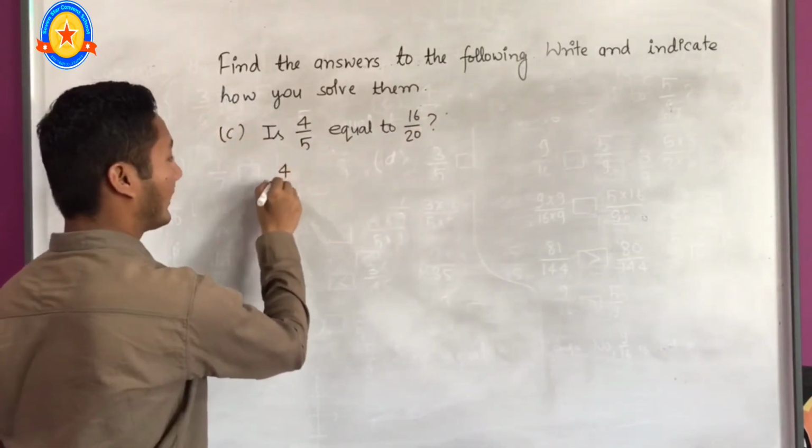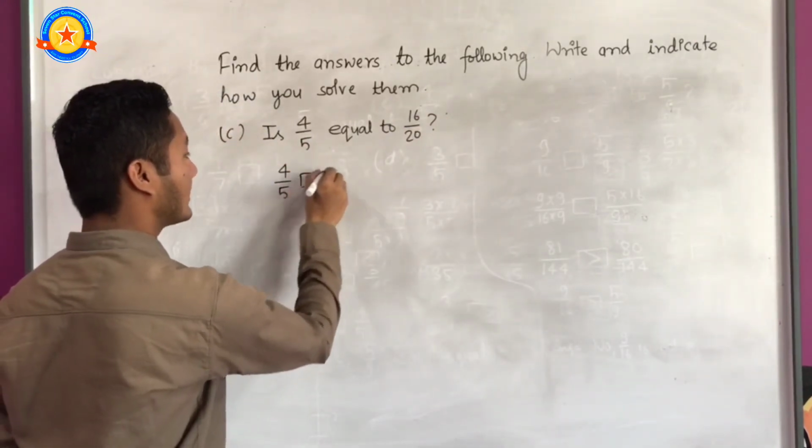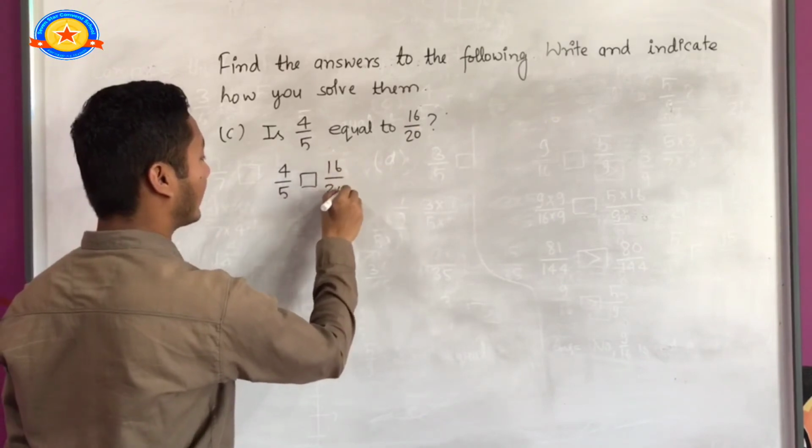Now write 4 by 5 with blank space 16 upon 20.